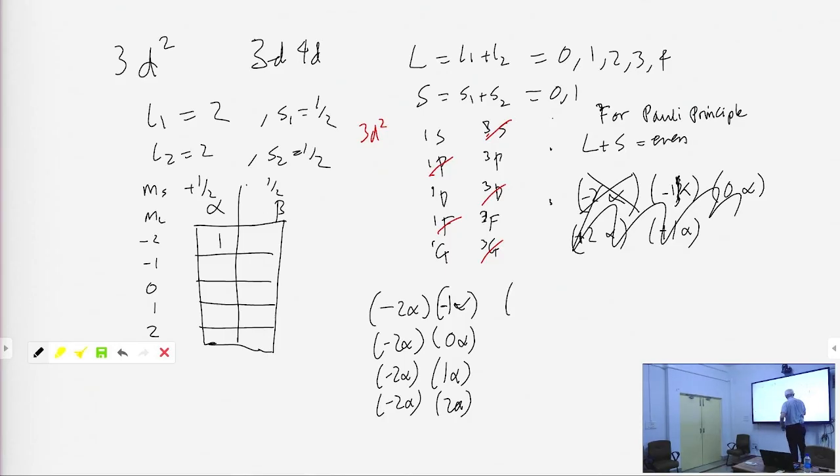That's right. So we got 4 of them with the alphas, and then we get 5 of them with the betas. Get -2 alpha, -2 beta. So that's partially in that box, partially in that box. -2 alpha, -1 beta, -2 alpha, 0 beta, -2 alpha, 1 beta, -2 alpha, 2 beta.